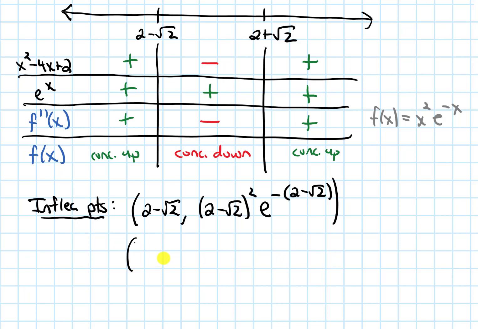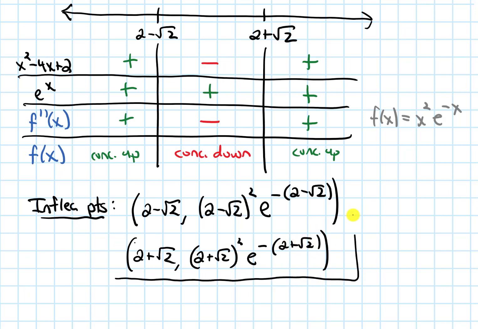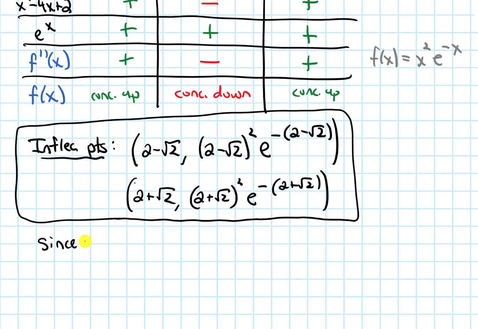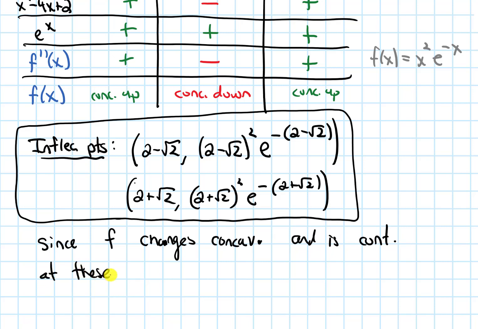Similarly for the other one, the x-coordinate is 2 plus root 2, and the y value, when I plug that into my function, is 2 plus root 2 squared times e to the negative parentheses 2 plus root 2. So these are the inflection points since f changes concavity and is continuous. The original function is continuous at these x values.